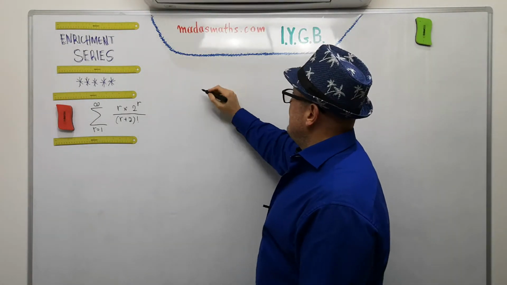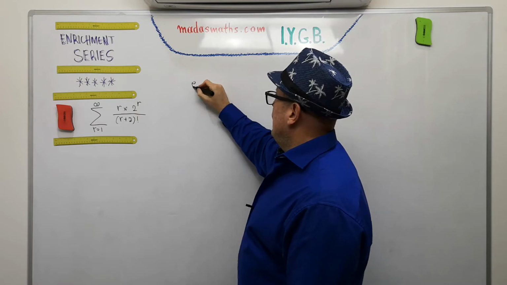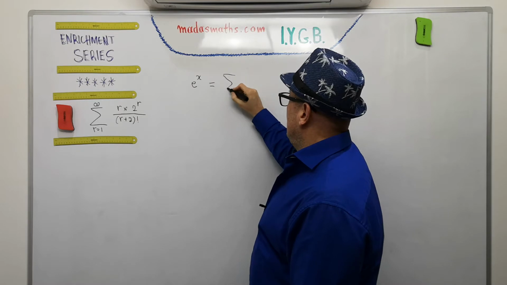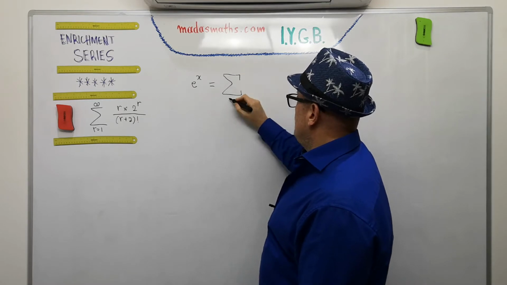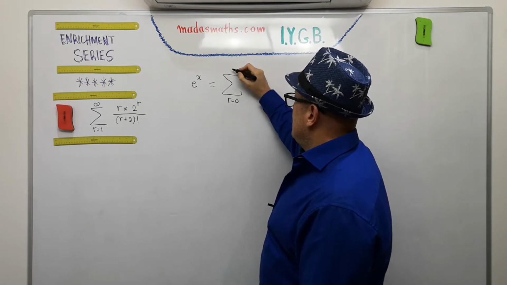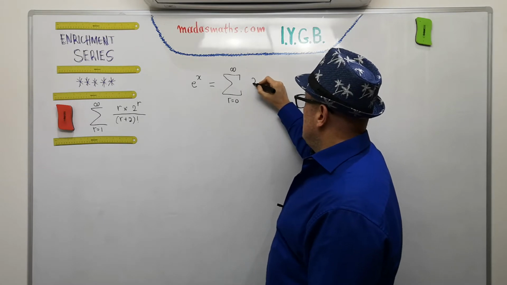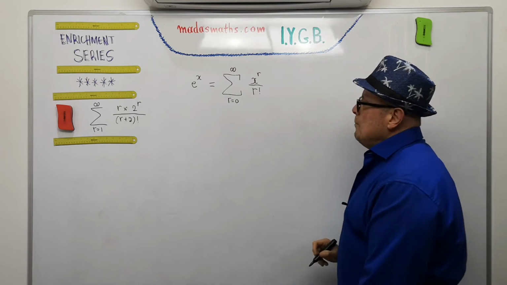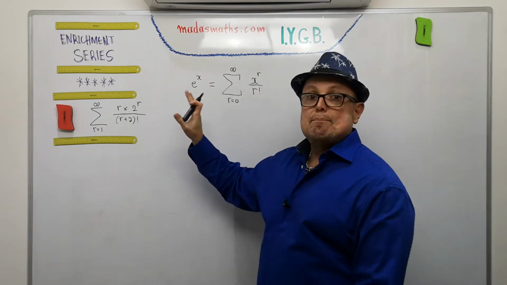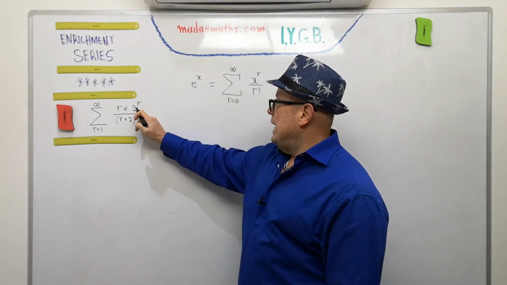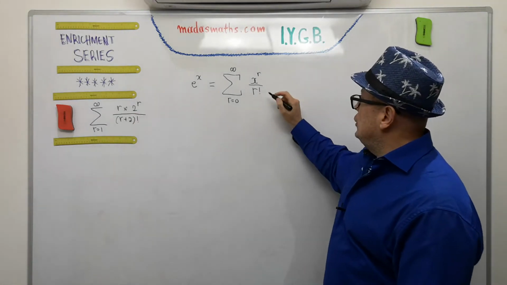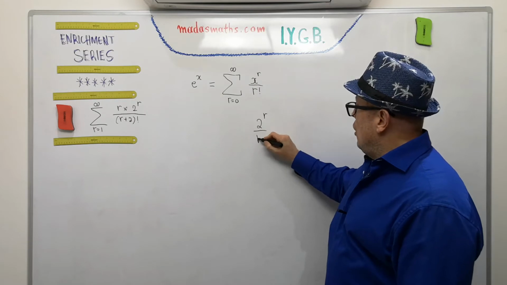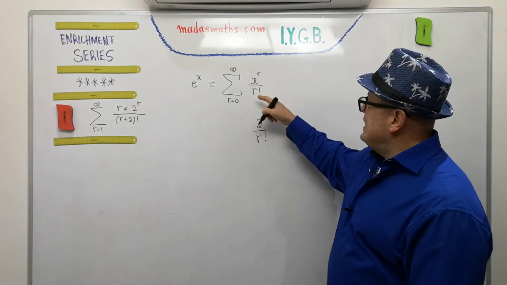Let me just write the exponential function as an example. e to the x is, of course, a well-known power series. We can run it from r is equal to 0 to infinity, x to the r over r factorial. So when I'm looking at this term, perhaps it might have something to do, I don't know yet, with the exponential function. If you look at this bit here, 2 to the r over r factorial is the exponential.